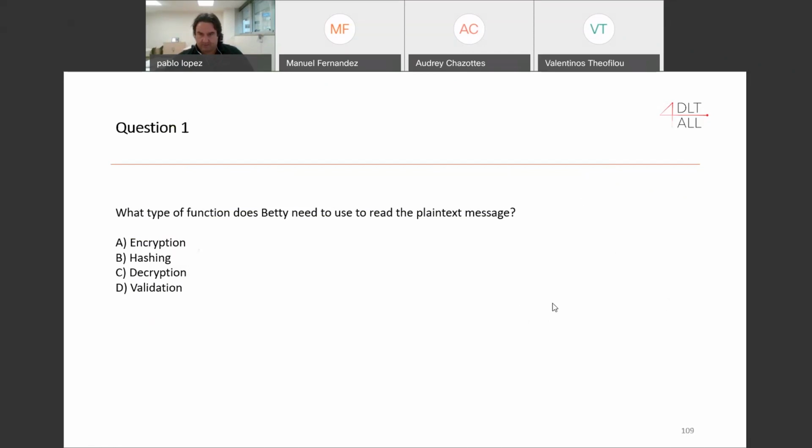Okay, I can see that you are writing the answers, so I don't use the poll. Okay, first one: what type of function does Betty need to use to read the plain text message? David, answer.